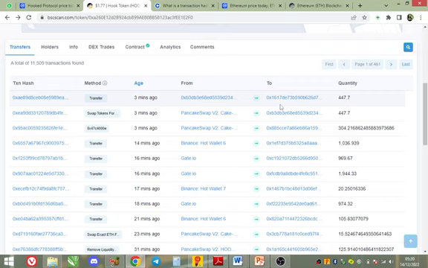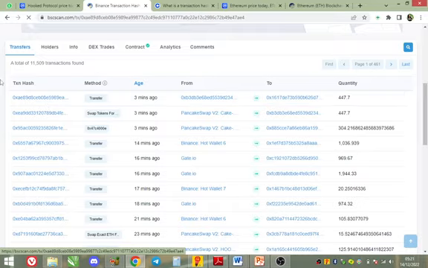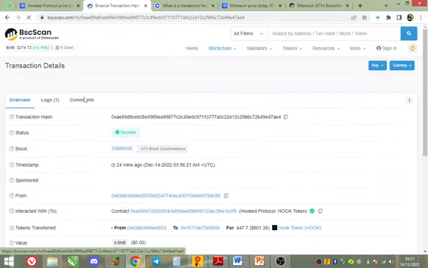The higher the fee you pay, the higher the transaction fee. What I mean is, let us say that we are transferring. Okay, let us click on this particular token transfer.